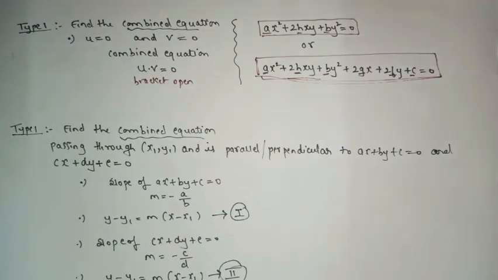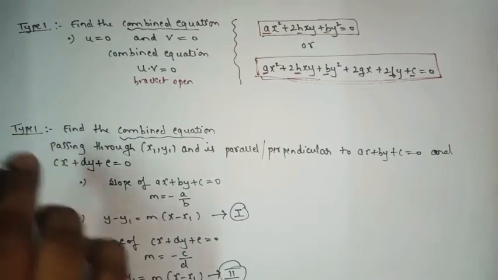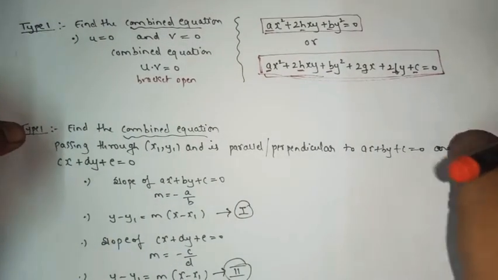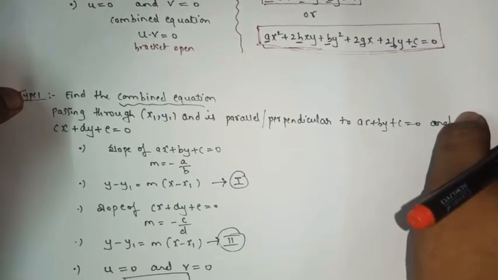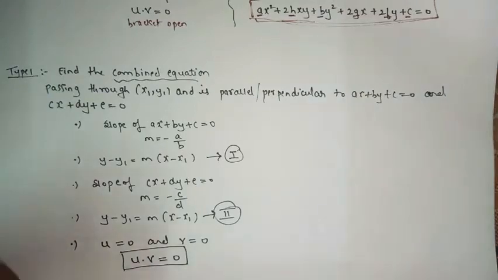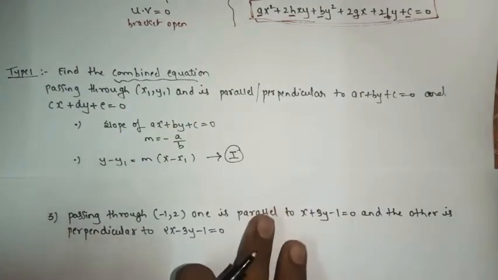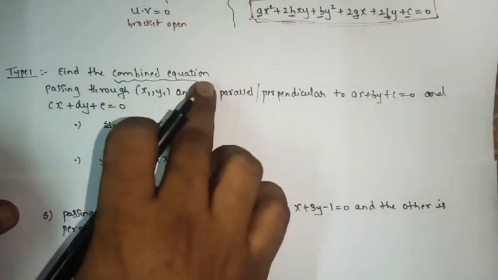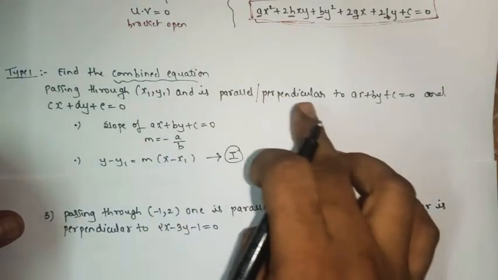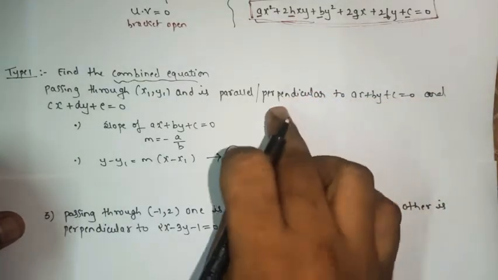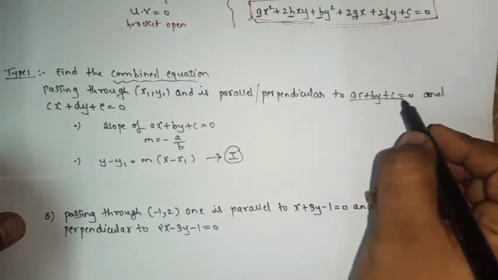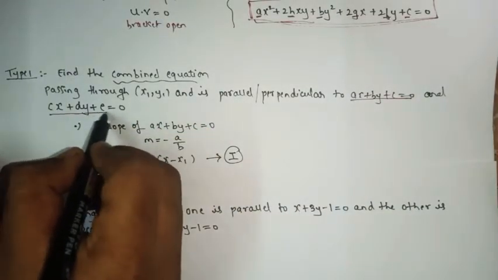Now, in type number one there is one more sum, but it is different. The pattern of the question will be different. Now listen here. What exactly do we have to do whenever the statement comes like this: find the combined equation passing through (x1, y1) and parallel, or sometimes perpendicular, to a linear equation.